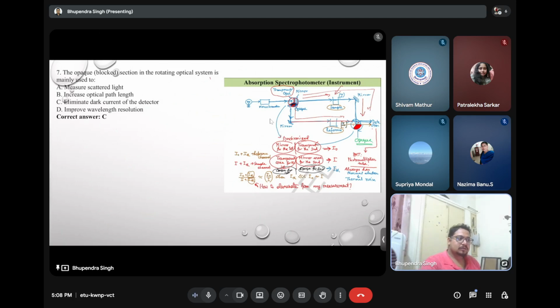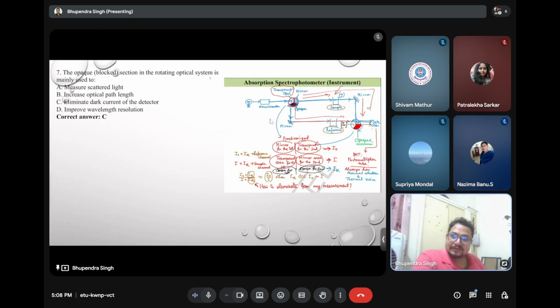So these detectors will have thermal noise. Electrons will always be ejecting. So to eliminate this dark count. Why dark? Because at that point, the light is not passing. That is why you are still getting that count, and that is why it is a dark count.